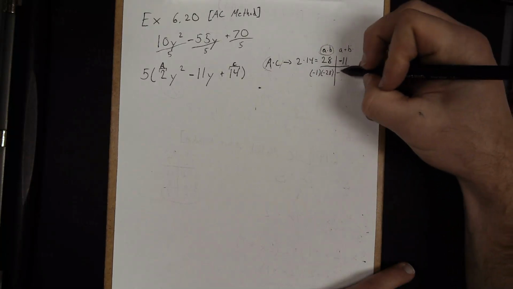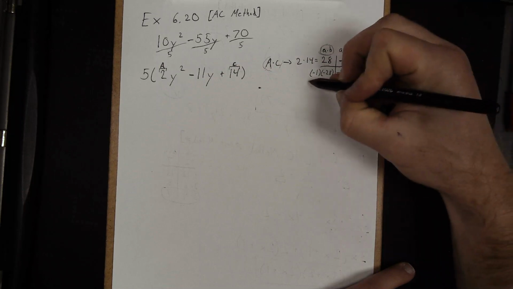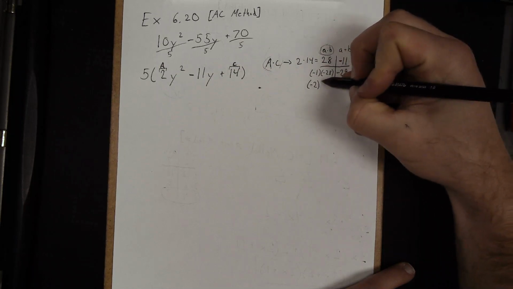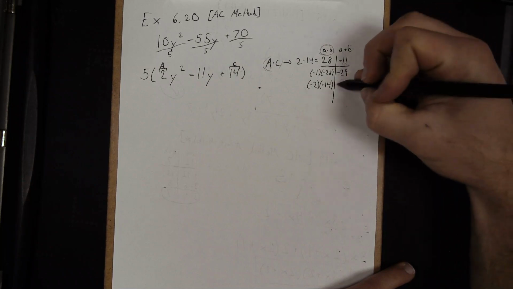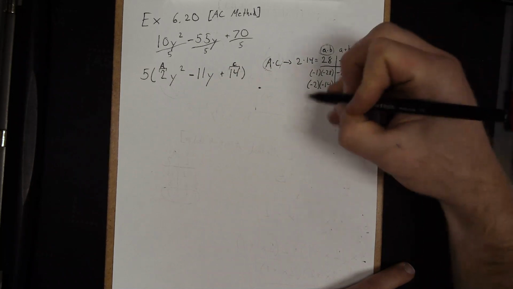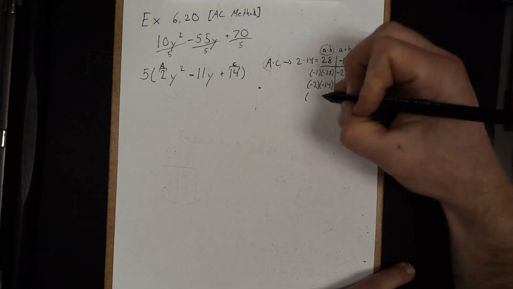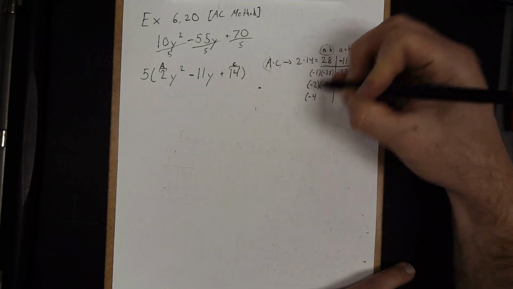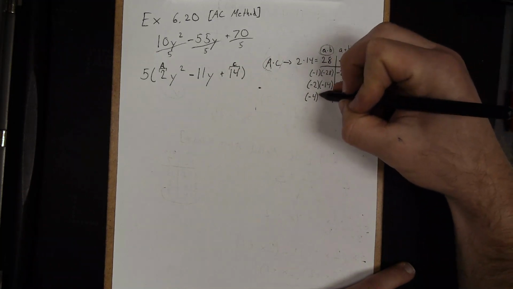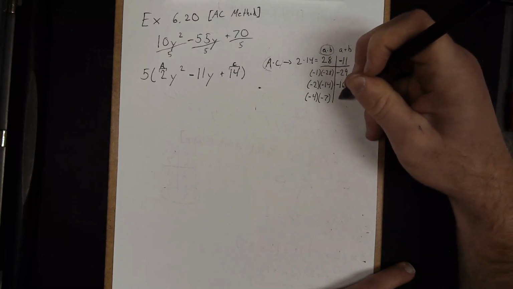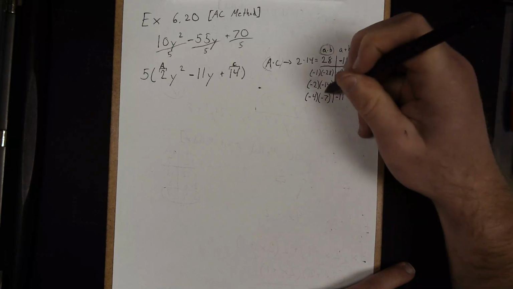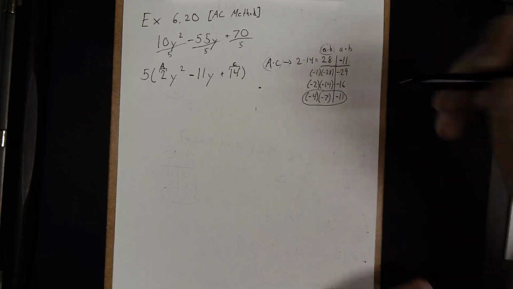Add them together, we get negative 29. That's no good. We'll just move down the list. No good. Negative 3 doesn't go into 28, so we have negative 4 times negative 7. Negative 4 plus negative 7 gives us negative 11. There we go. There's our two numbers.